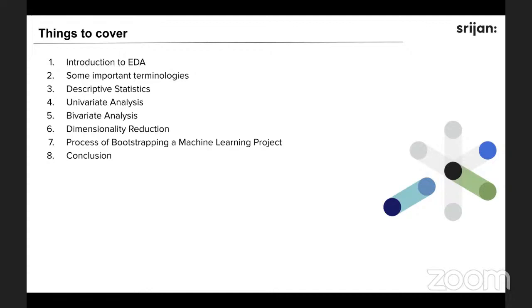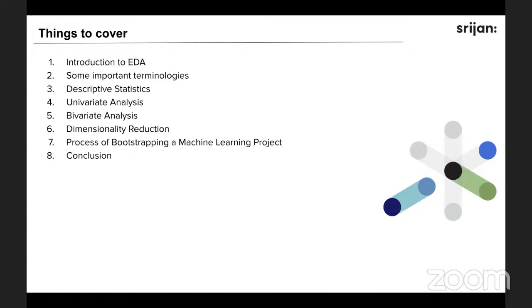Then after that, we will look at what descriptive statistics is all about. We will just look at some simple terms which most of you are already familiar with. After that, we will have some introduction to univariate analysis, bivariate analysis, and some dimensionality reduction techniques, most of which were already discussed in the previous section, so I will not go into much detail.